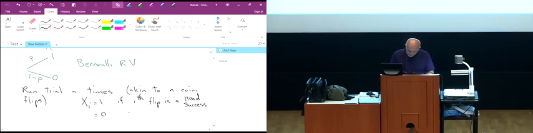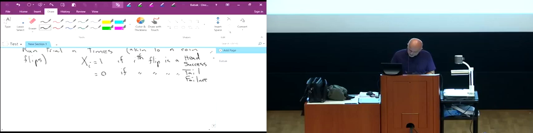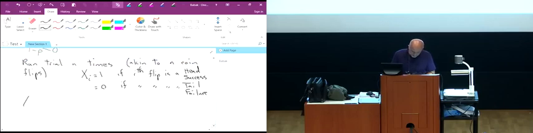And it's 0 if the ith flip is a tail or a failure, or a trade that goes against you. Now I represent x as a sum of these, x1 plus up to xn.